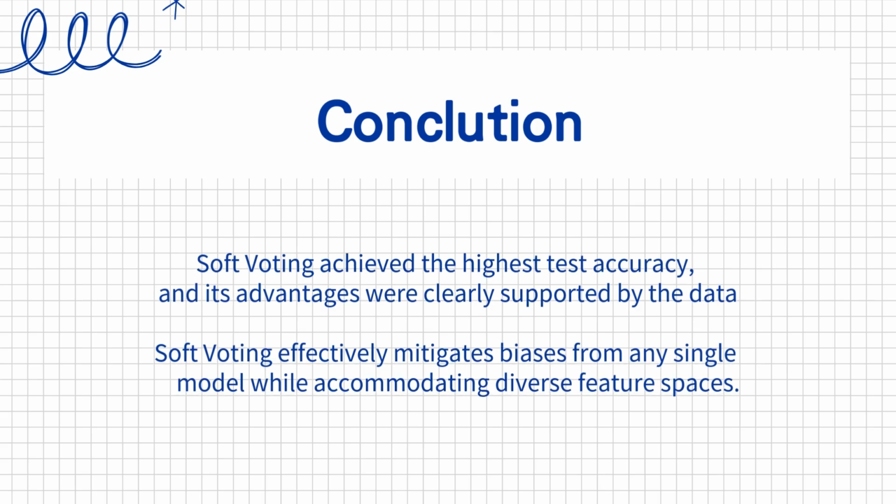In summary, after evaluating multiple models on both training and testing sets, soft voting achieved the highest test accuracy and its advantages were clearly supported by the data. By integrating various algorithms such as SVC, KNN, and random forest based on their predicted probability, soft voting effectively mitigates biases from any single model while accommodating diverse feature spaces.